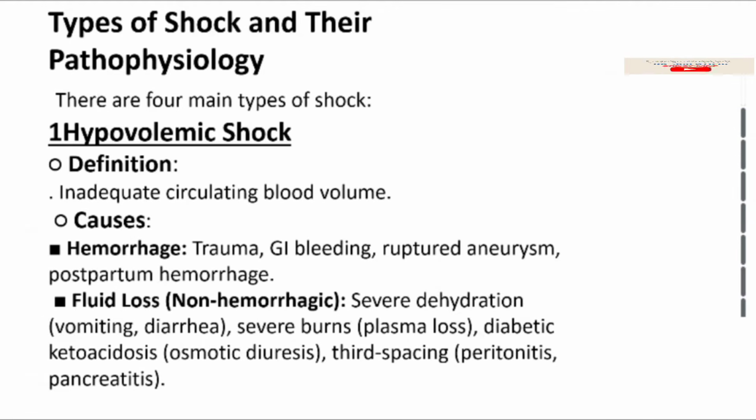Severe burns fall under non-hemorrhaging, whereby there's loss of plasma, or also diabetic ketoacidosis, or third spacing, which is peritonitis or pancreatitis, whereby there's swelling of maybe the pancreas or the peritoneum.